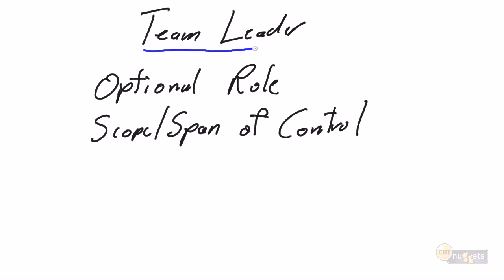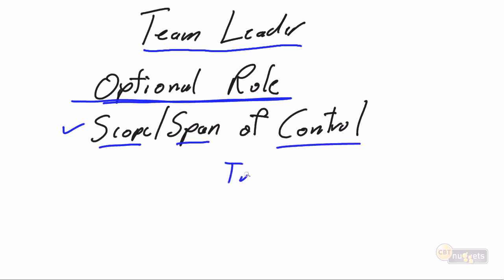And our next role I'm also not going to spend a lot of time on, which is the team leader. The team leader is absolutely an optional role and typically is included in the project when the scope or span of control is too much for a PM.